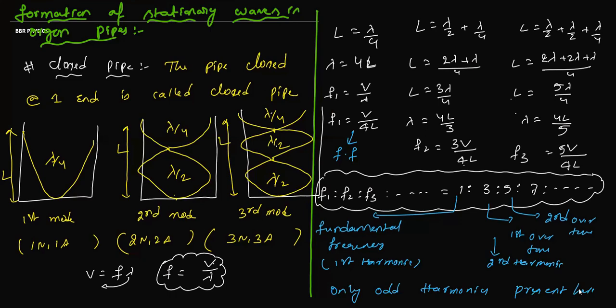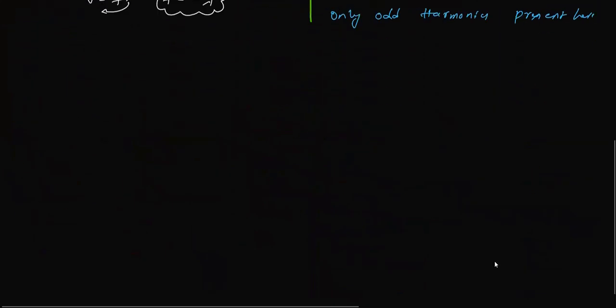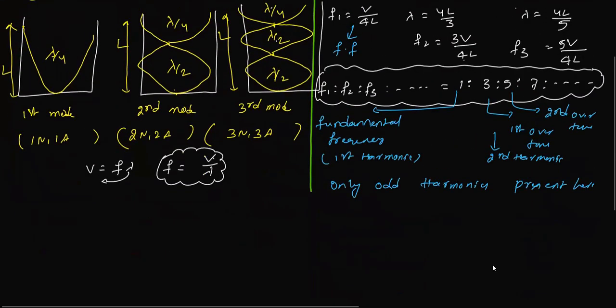Now, for the closed pipe, I would like to check this value. I'm going to check the F1 value and F2 value. F1 equal to V by 4L.